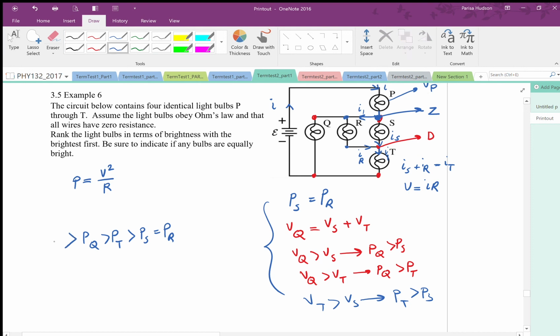That means that the power dissipated in P is the highest. Therefore, light bulb P is the brightest, then Q, then T, and then S and R, they are going to be the same, they have the same power dissipated in them.